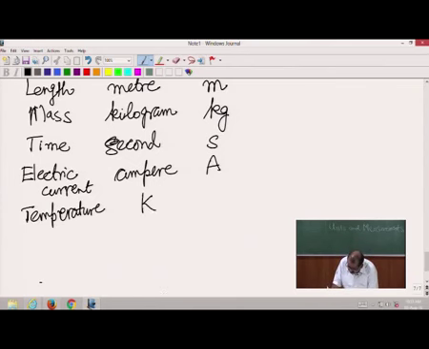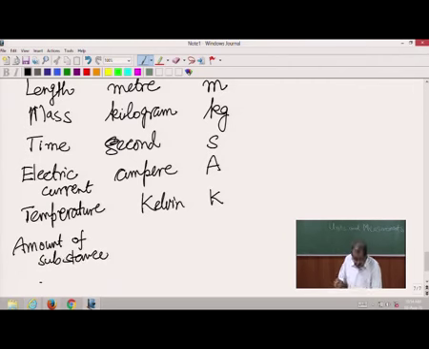Okay. So now the fifth quantity for which we measure units is temperature, and temperature is measured in a unit called Kelvin, and the symbol for this is K. Then the amount of substance, which is contained in terms of number of molecules, is in SI units given by mole, and the symbol used for that is mol.